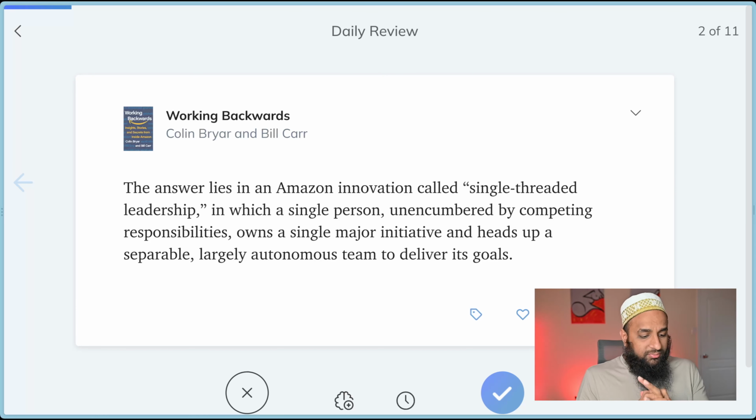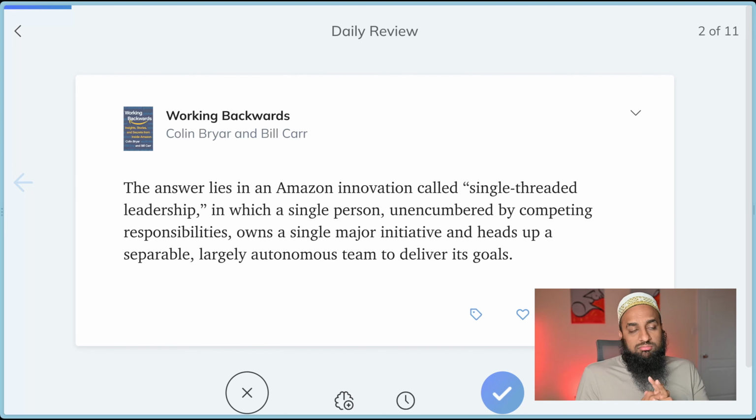I think this is more about how to structure teams. When you're building a team, how do you think about structuring the team and the tasks that team is going to take over.